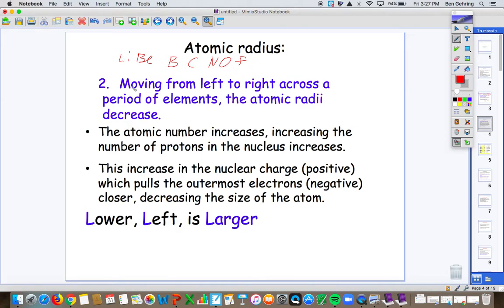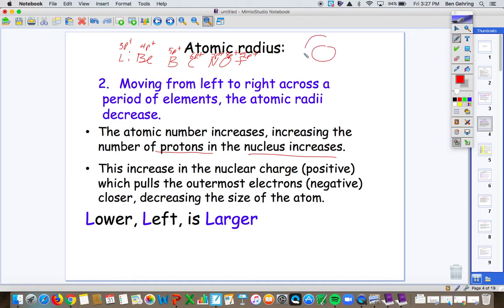But what's happening here is we're adding a protons to the nucleus, 8 protons and 9 protons. Because your atomic number is going up, you're increasing the number of protons in the nucleus, which means you have a stronger pull from the nucleus.